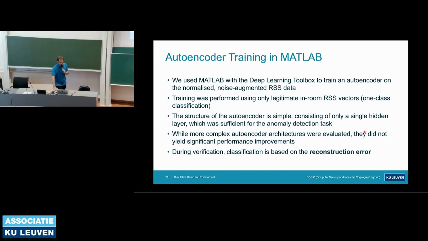After that, we proceed to train the neural network, and we decided to use a relatively simple autoencoder with only 1 hidden layer. We tested some more complicated structures, but they did not really yield better results, so we decided to keep it simple. Then, based on the reconstruction error, I repeat, we perform the classification.